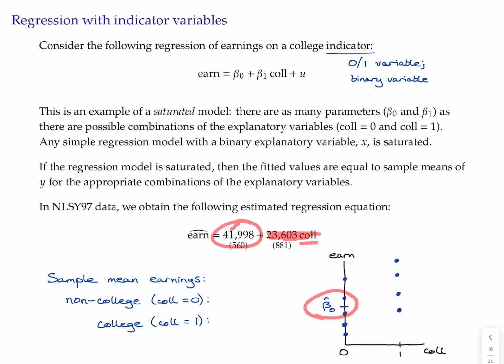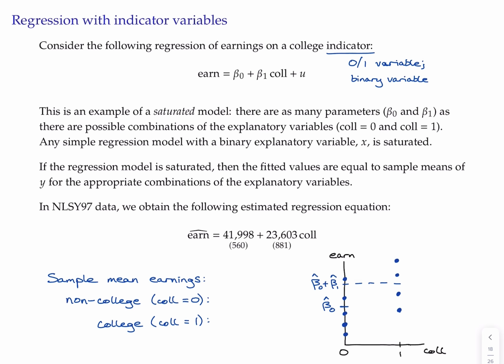And when college is equal to 1, you add up the intercept and the coefficient on college, and you get the predicted value for the college group. Maybe it's around here. So this is the other fitted value that's possible, beta 0 hat plus beta 1 hat. We would interpret this as how much higher predicted earnings are for people with a college degree compared to without.